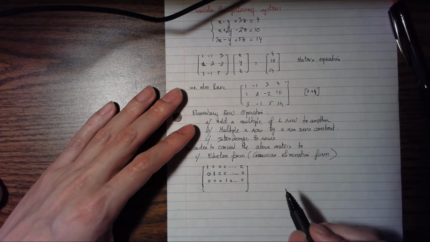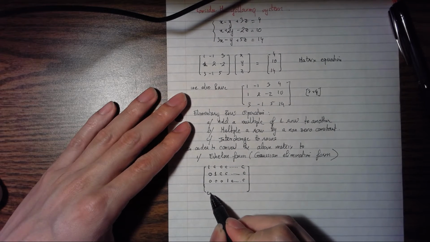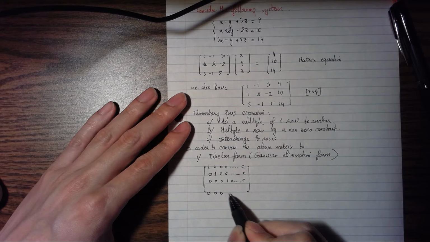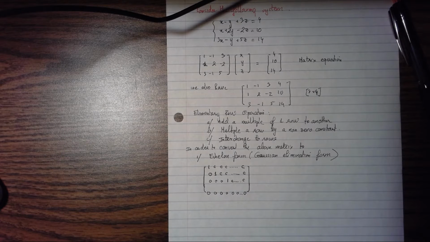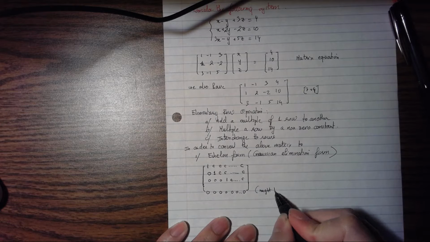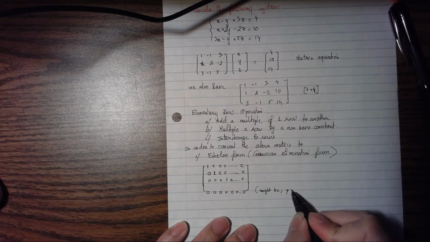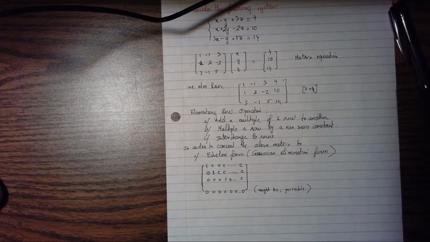Then this is optional: the last row might contain all 0. It means that sometimes you don't have that case. So this is might be, or possible. Sometimes you don't have all 0 at the bottom.